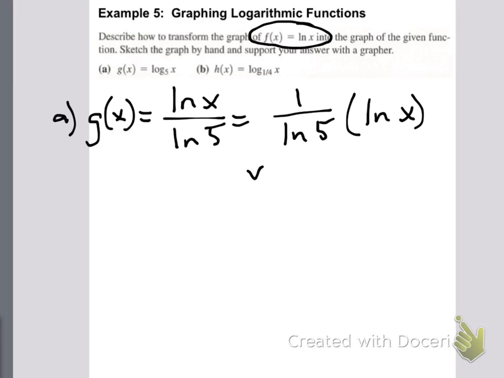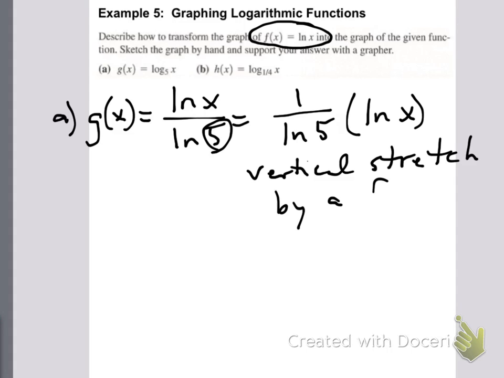Well, b is bigger than 1, so we have a vertical stretch by a factor of 1 over ln 5. You stretch it by a factor of 1 over ln 5.